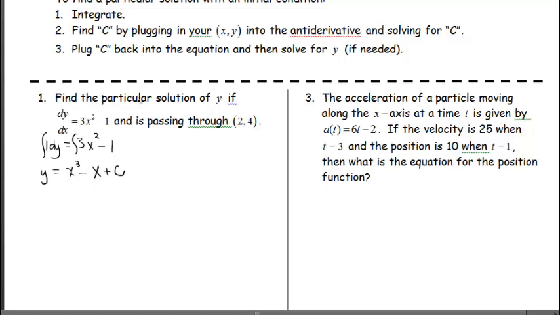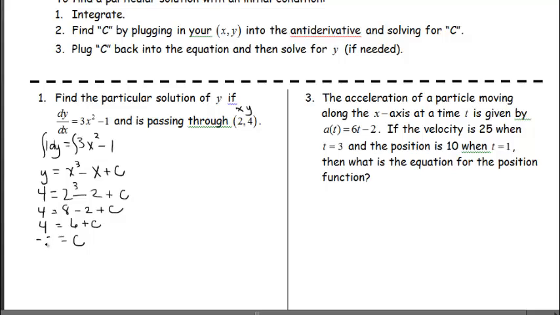To finish finding the particular solution, because right now we have the general solution, you're going to plug in 2 for x and 4 for y. Subtract a 6 on both sides.